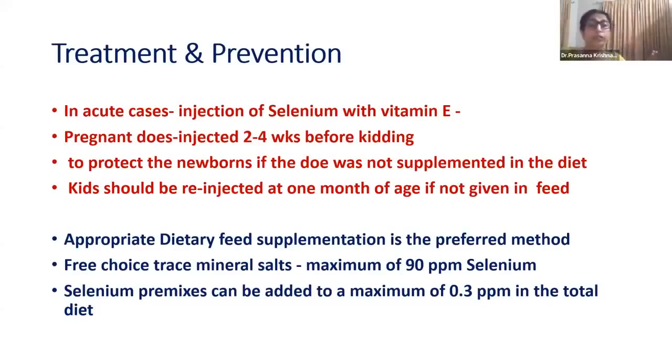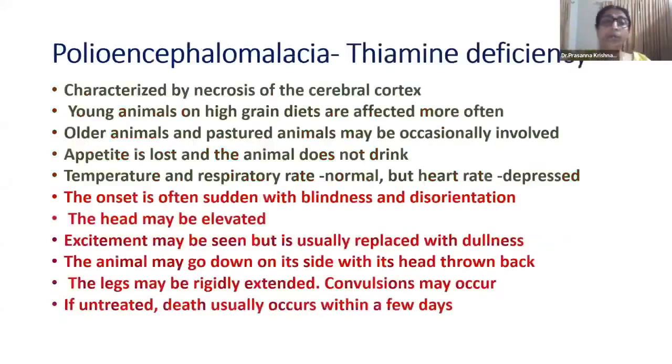The kid should be re-injected again at 1 month of age if not given in the feed. If you are not providing supplements, then you have to give the injection. You can also give trace mineral salts with a maximum of 90 parts per million, and it can be added to the mix.